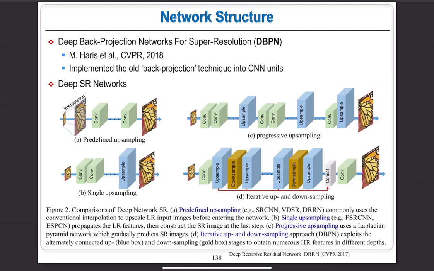This slide simply compares 4 different architecture strategies for SR, super resolution. The first one, predefined upsampling, is what we saw in models like SR-CNN or VDSR, which start with bicubic or bilinear upsampling.